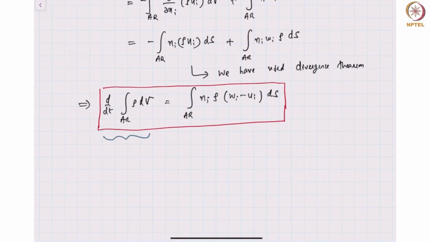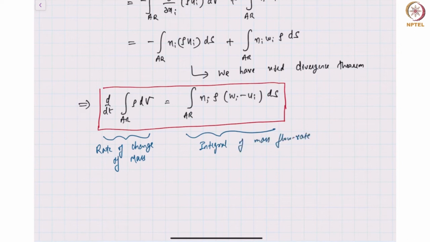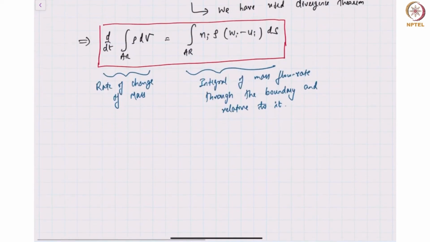The left hand side here is the rate of change of mass, and this quantity gives us the integral mass flow rate through the boundary and relative to it.